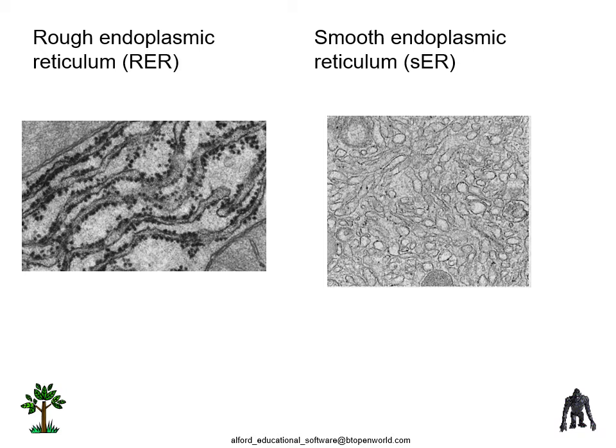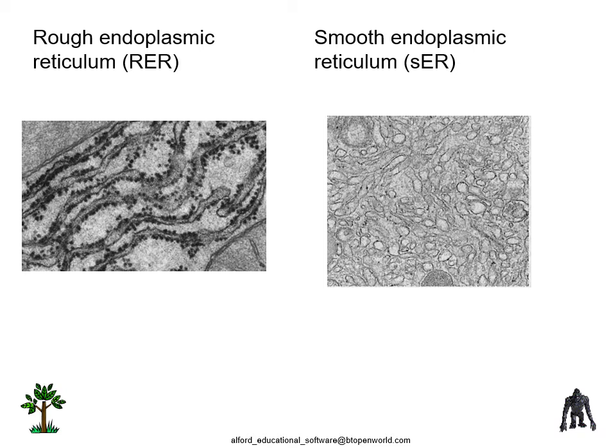So we can look at the tiny internal structures like the ribosomes inside cells with this powerful electron microscope. You can see the rough endoplasmic reticulum stands out because it looks grainy in appearance due to all the ribosomes on its surface. That's going to help you identify that.